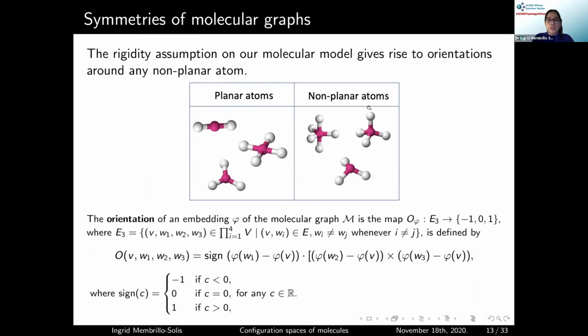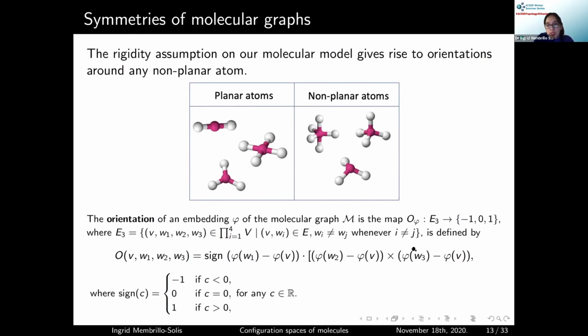In this definition, these differences are defining vectors that go along the edges of a given atom in the molecule.